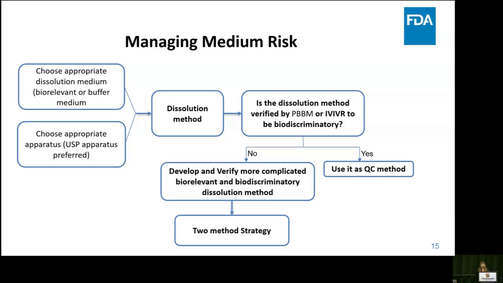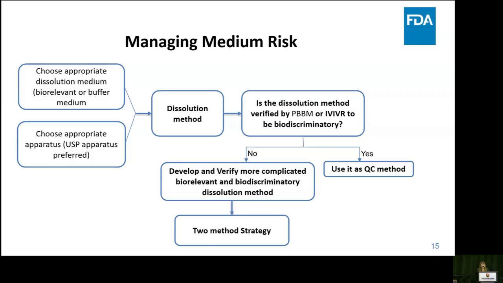If you want to use it as a QC method, USP apparatus are still preferred. And then when you have a dissolution method, the key question here is whether your dissolution method is truly biodiscriminating, which means it can really tell or differentiate products which are bioequivalent from those which are not.